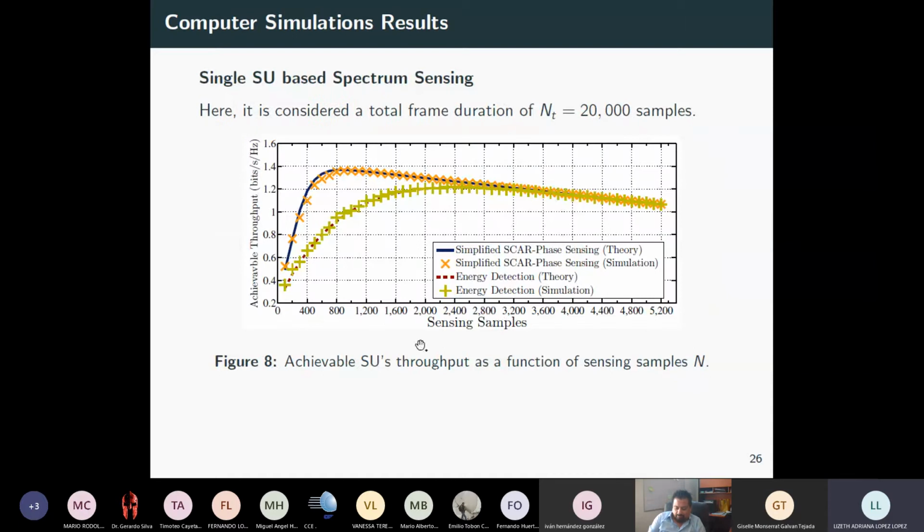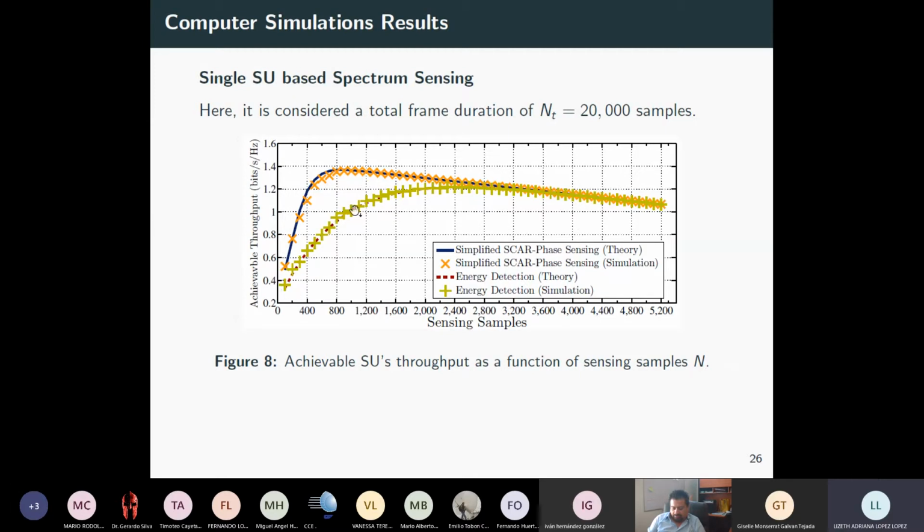So first, we have the achievable secondary users throughput as a function of the sensing samples for the simplified scarf phase sensing, and we compare it when the secondary user does not take advantage of the training information. So we compare the results with the energy detection.